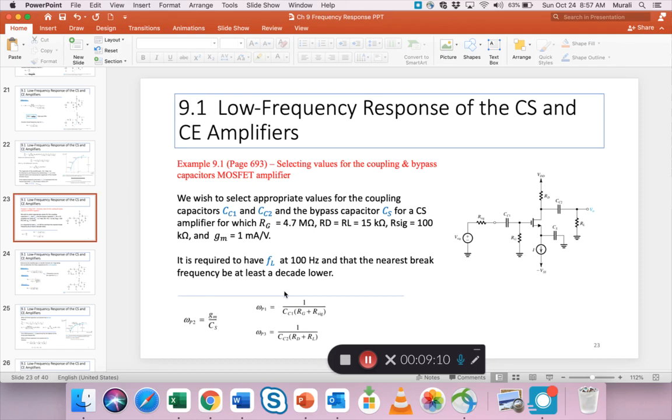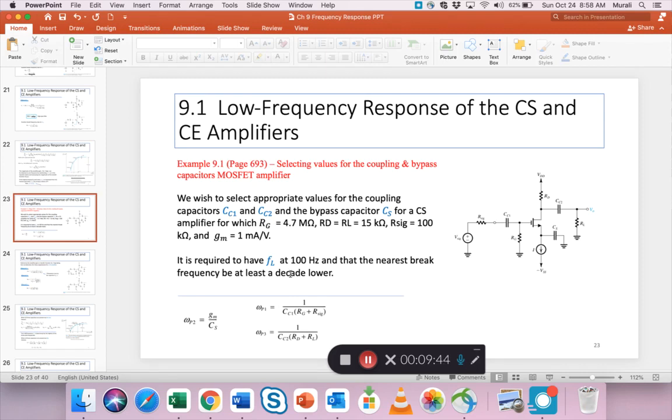Anything below 100 Hertz, even if there is not good amplification or all kinds of distortion comes in, the waveform is not clean, AC in isn't clean AC out, we don't care. But above 100 Hertz, we want it to be clean. So the limit of our amplifier response on the low side is 100 Hertz.